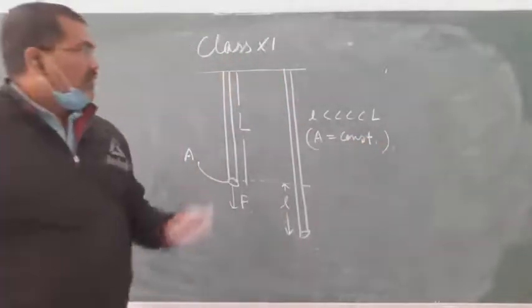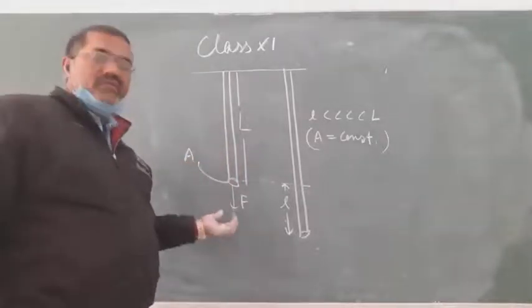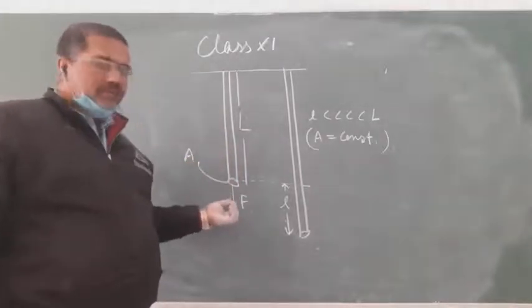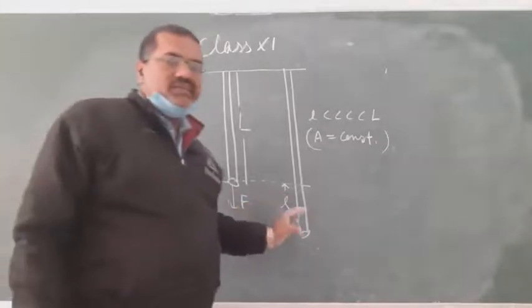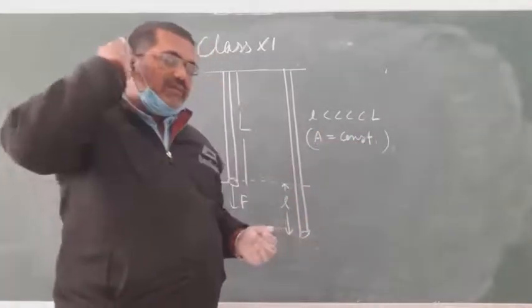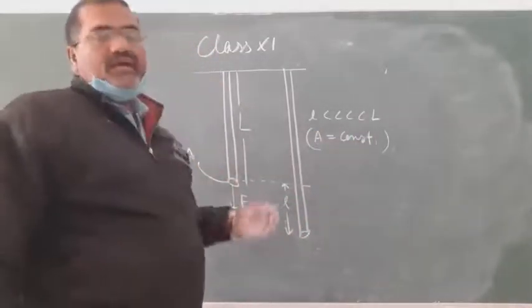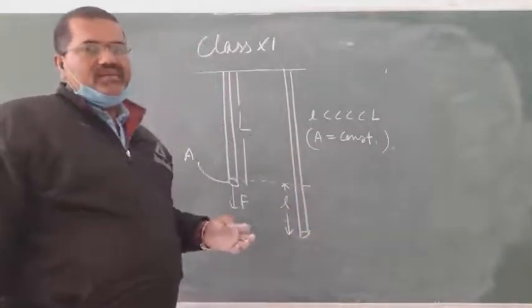Listen, a wire of initial length capital L is increased by external force, that is deforming force, by small l. So deformation is very small as compared to initial length of the wire, so that area of the wire remains constant. You can consider area is not affected.